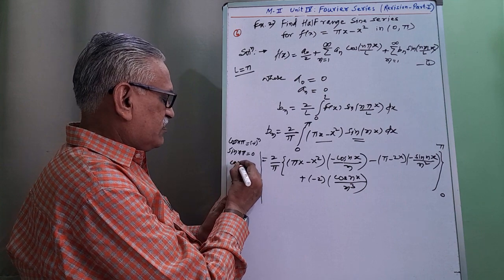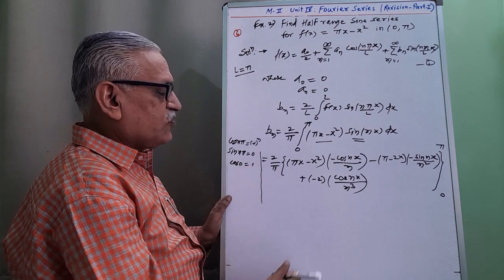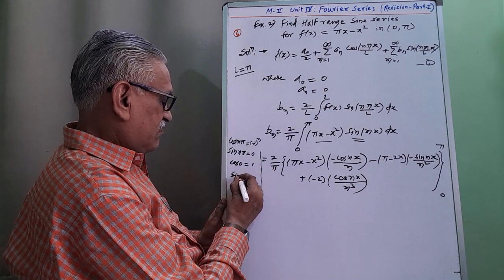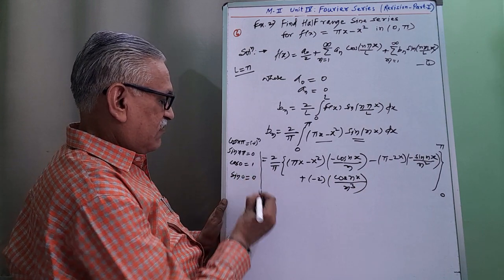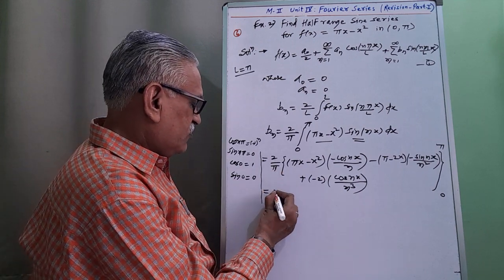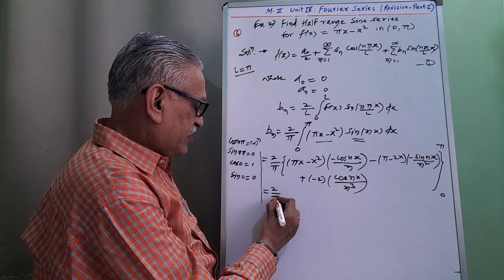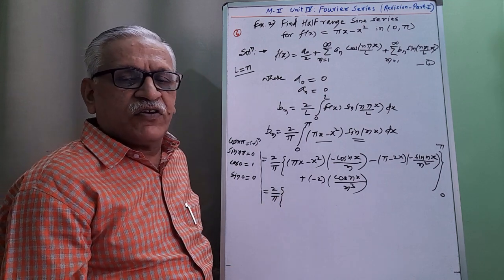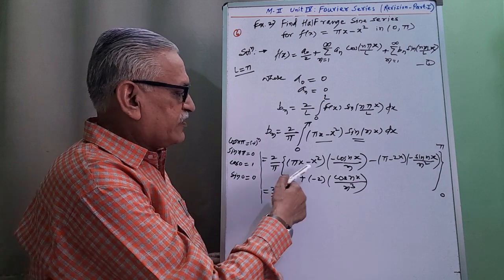Cos 0 is 1. Standard values all. And sin 0 is 0. We require these 4 values. And therefore, in this step also you have to perform very carefully without any single mistake.